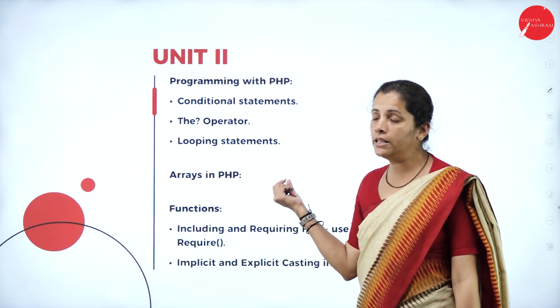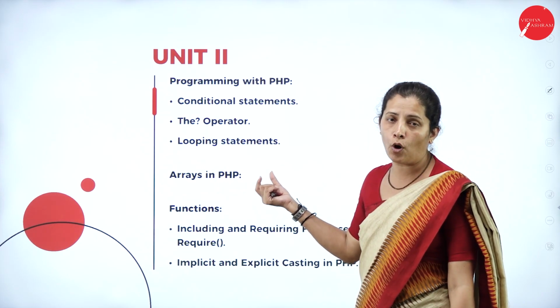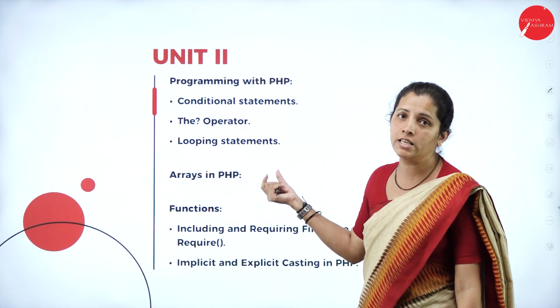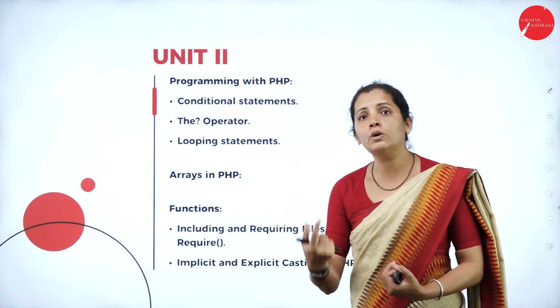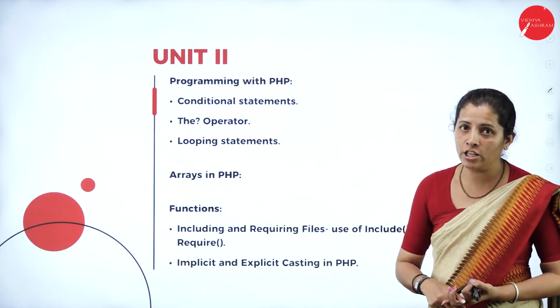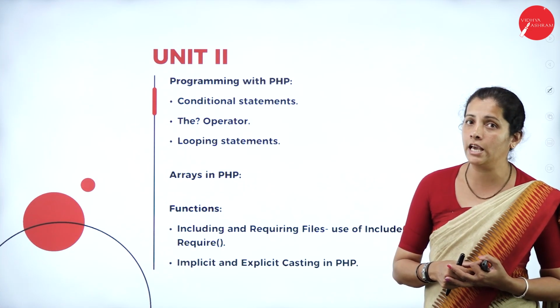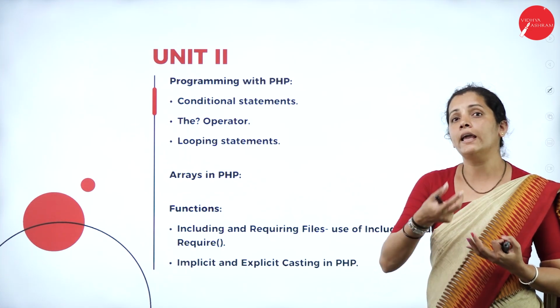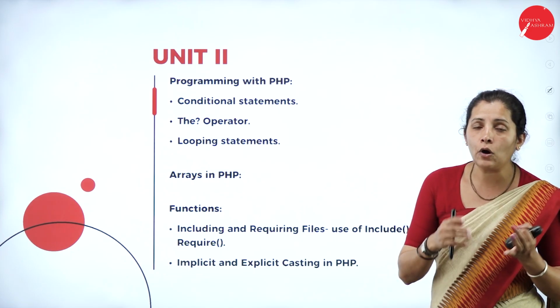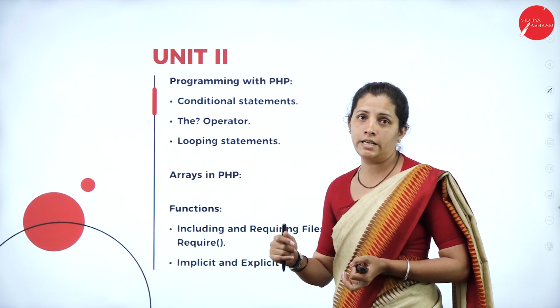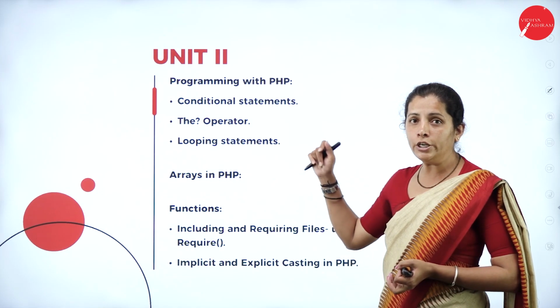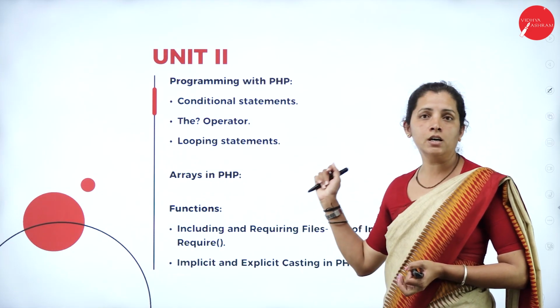An array is a group or collection of homogeneous elements. How to create an array in PHP? What are the different types of arrays supported by PHP? And how can we access the array elements? All those things we are going to study under Unit 2, chapter 2.